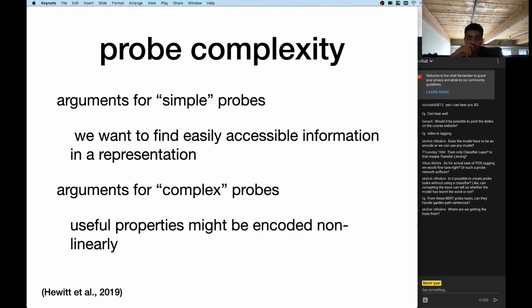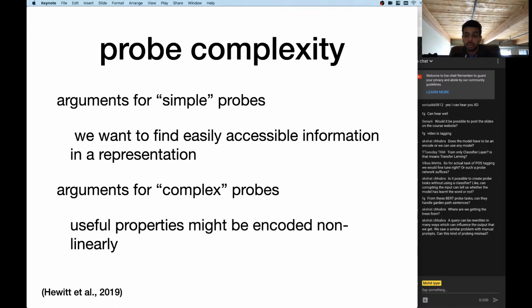Okay, so there's an argument both for simple probe tasks as well as complicated probe tasks. First, with simple probes, we basically want the ability to find information that's easily accessible in a representation, because this tells us whether or not a downstream model can make use of this information easily.